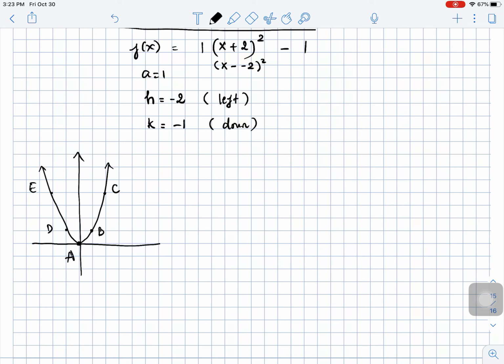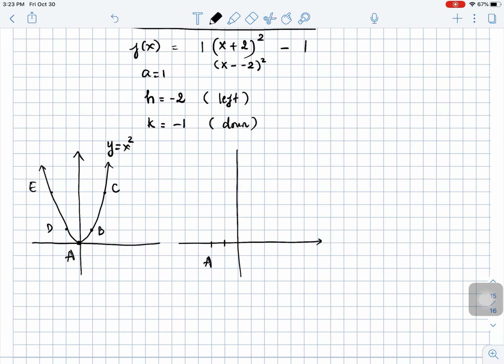And if we want, we can label the points A, B, C, D. And you can do the a first, the h, or the k first. So in this case, I do the a first. Since the a is 1, then we multiply the y part by 1, so it will be the same. So in this case, a equal to 1, it will be the same. It doesn't get stretched or shrunk.